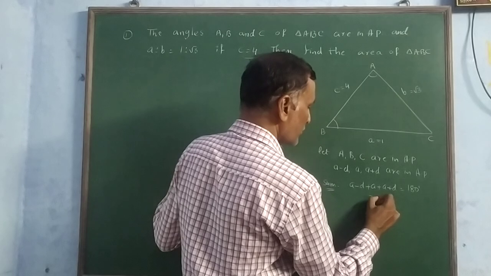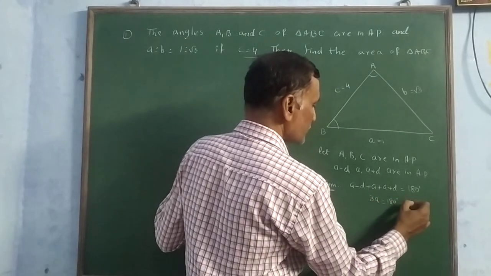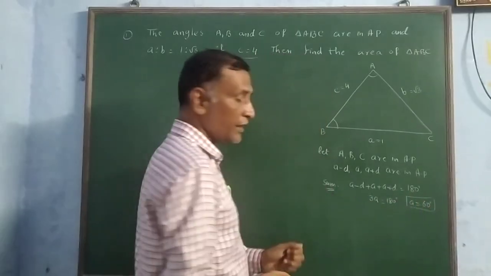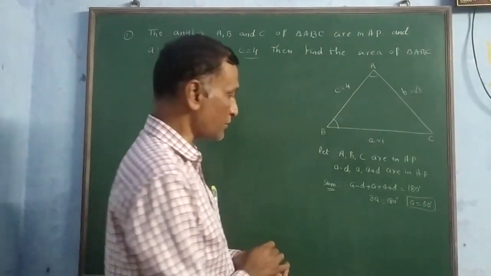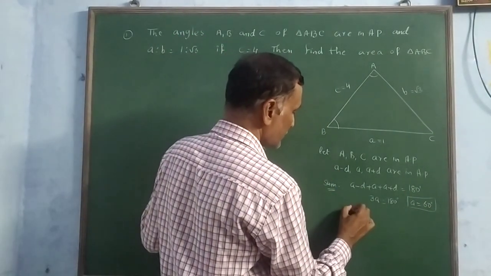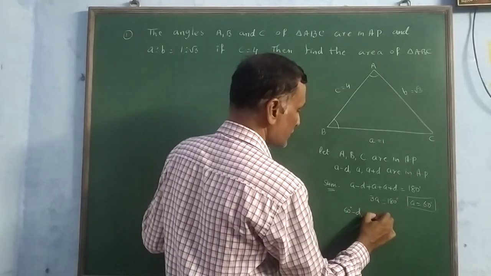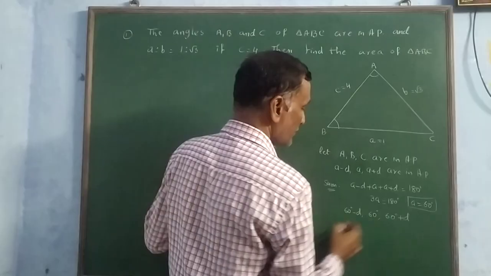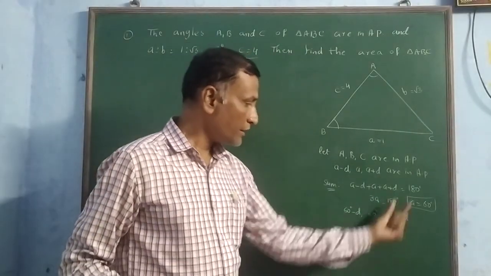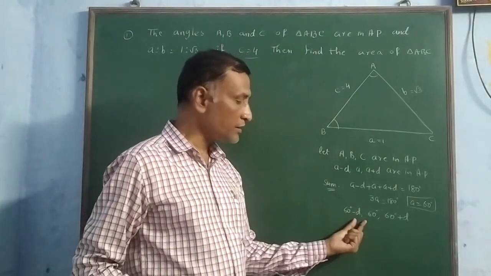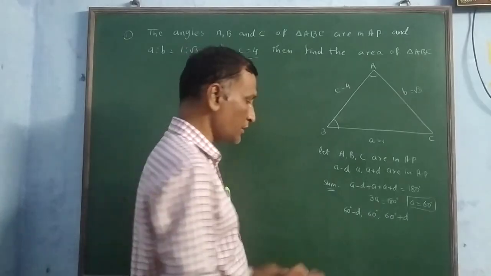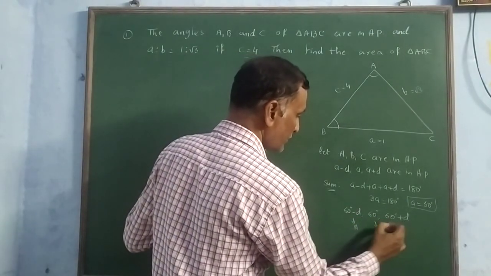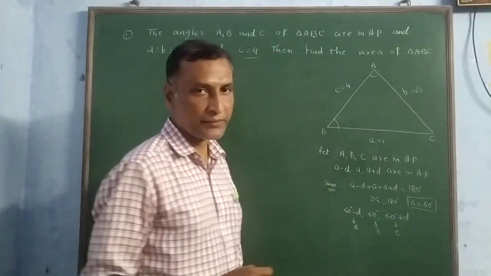Here 3A equal to 180 degrees, so A equal to 60 degrees. We substitute this value: 60 degrees minus D, 60 degrees and 60 degrees plus D. These three angles are in AP. The first angle is angle A, the second is B, the third is C.